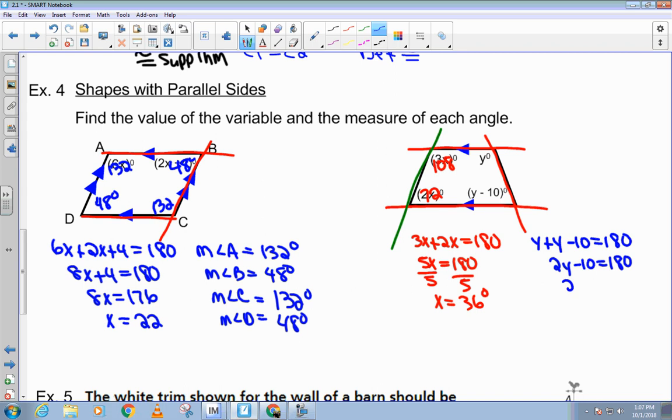Add 10 to both sides, and then divide both sides by 2. And so that ends up being 95. So y is 95, which means the other one's 85, right?